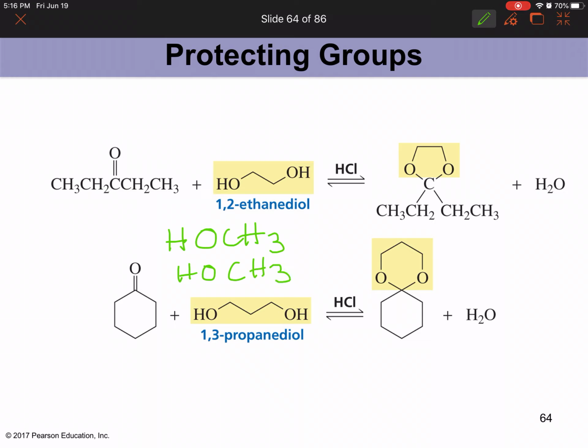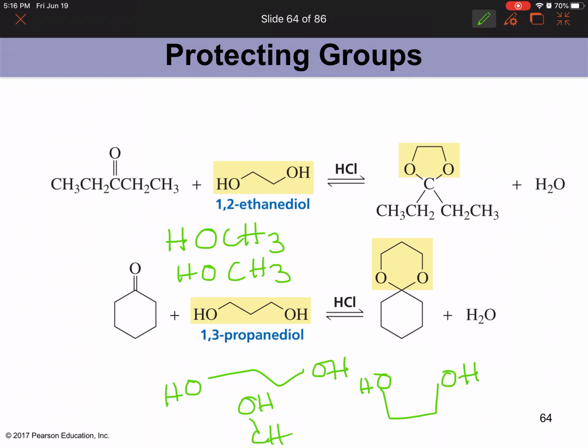Okay, so this molecule, OH, CH2, CH2, OH, represents your two alcohols in the same molecule.